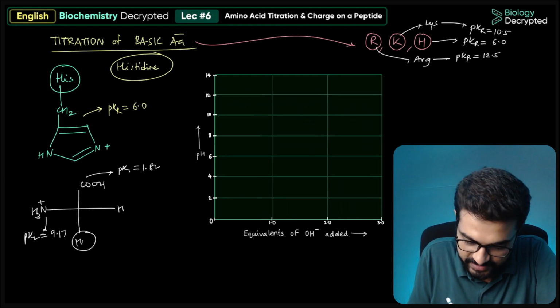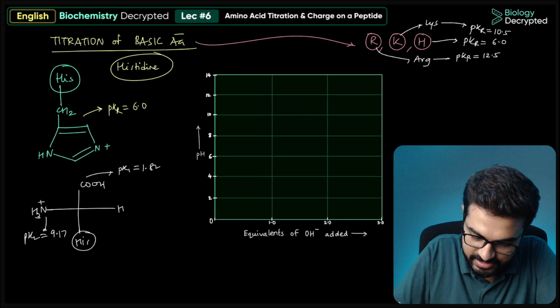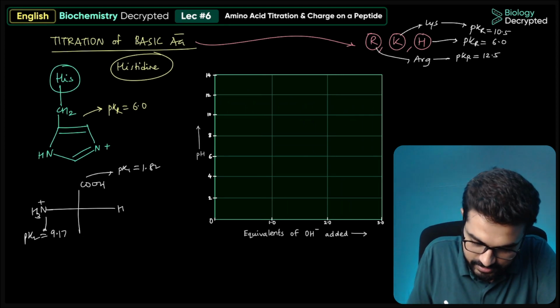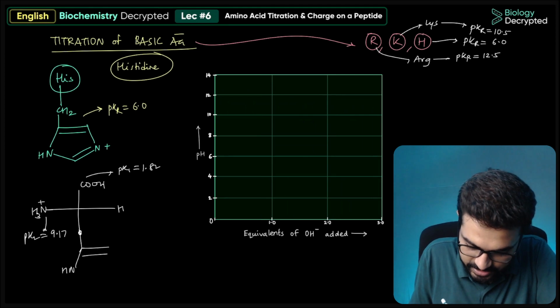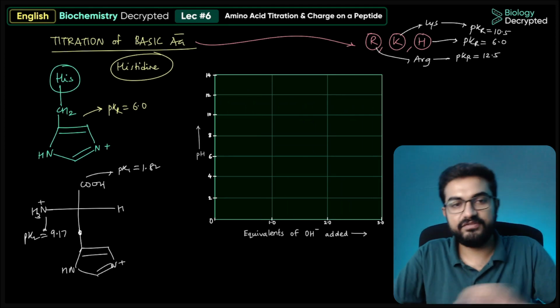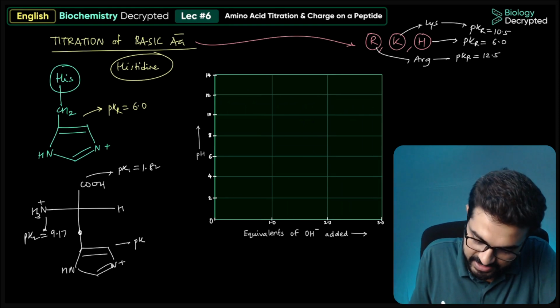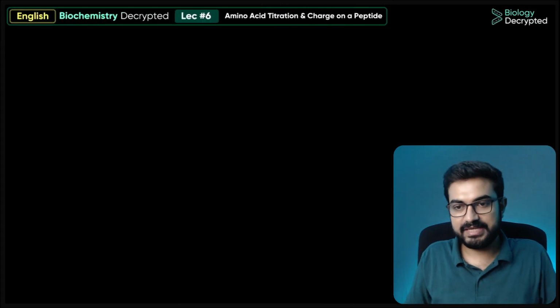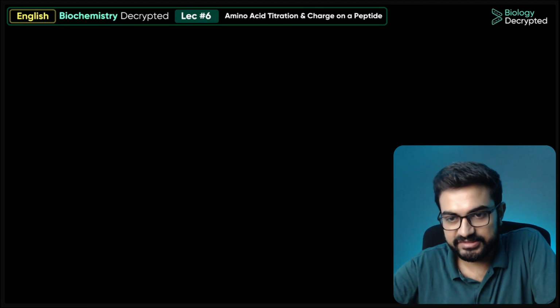Here we have histidine, which has this group CH2, NH, and N positive. This is the imidazole ring, and it has a pKr of 6.0.